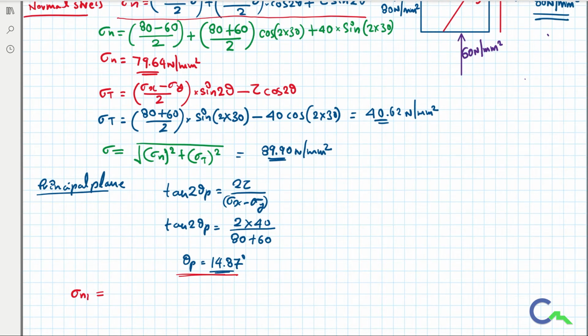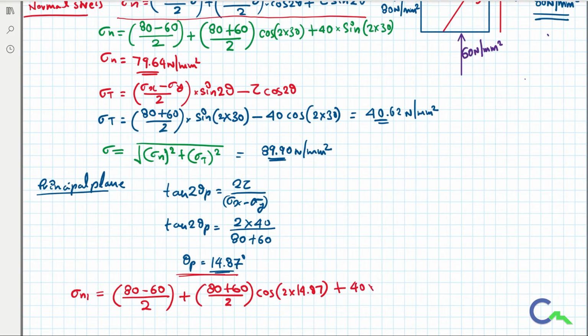Therefore I am going to substitute the values: minus 60 because sigma y value is minus, divided by 2, plus 80 minus of minus 60, that will become plus 60, divided by 2 into cos 2 into 14.87, plus tau, that is 40 into sin 2 into 14.87.